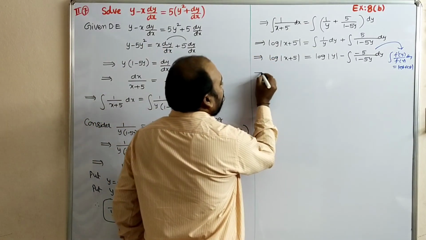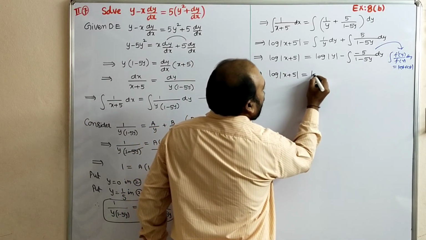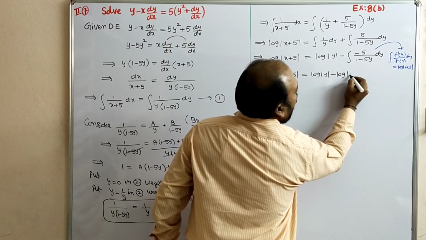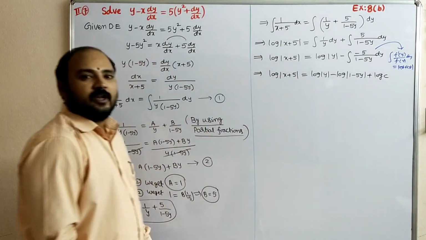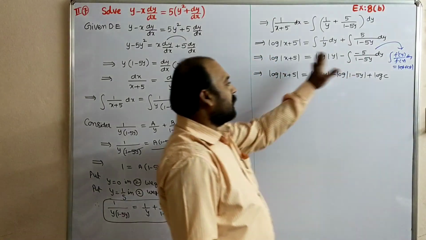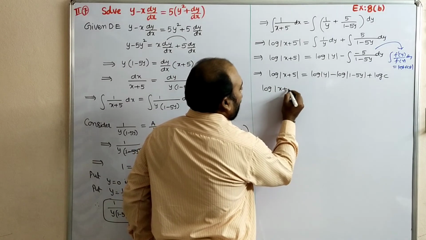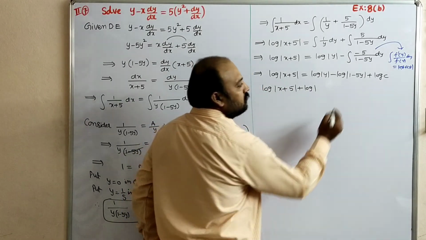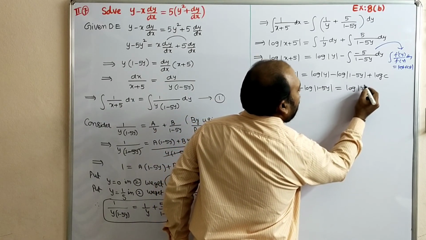So, it will become log mod (x plus 5) equal to log mod y minus log mod (1 minus 5y) plus log c. Anyway, all are the logs only. Here minus log of (1 minus 5y), I am taking this side. So log (x plus 5) plus log (1 minus 5y) is equal to log y plus log c.